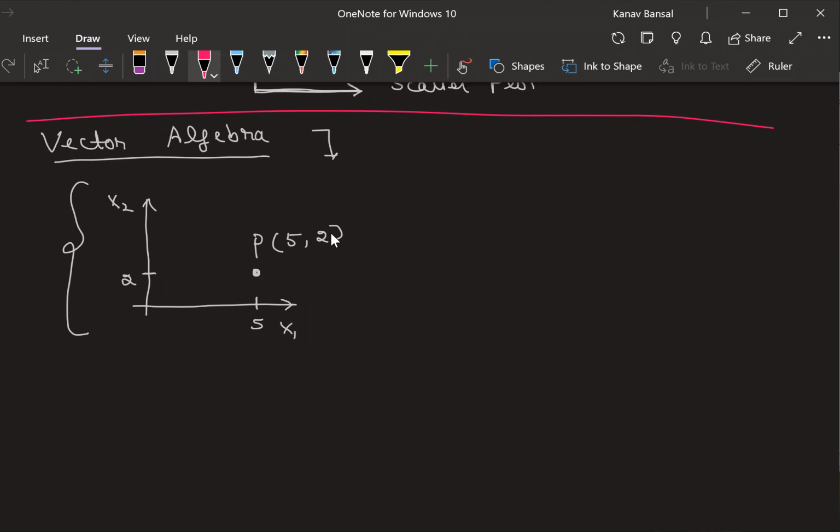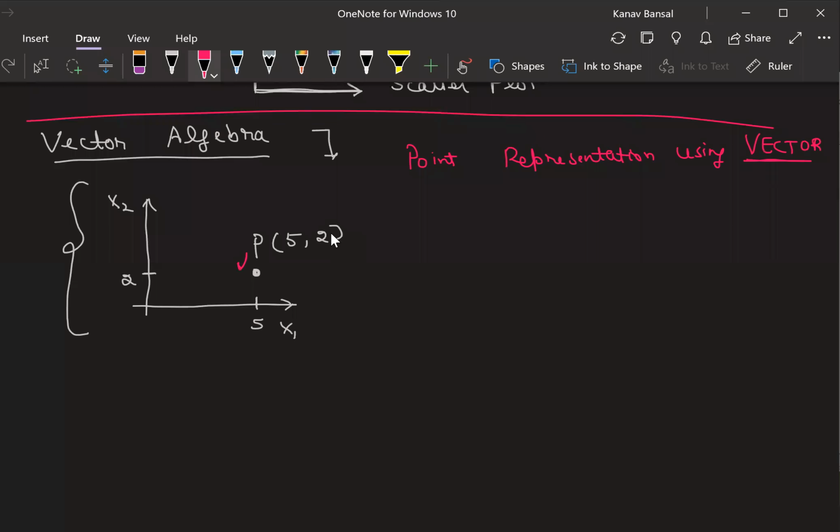Guys, just try to understand this very carefully. We are looking at point representation using something, and what is that something? That something is nothing but a vector. We are going to represent this point using something called a vector.